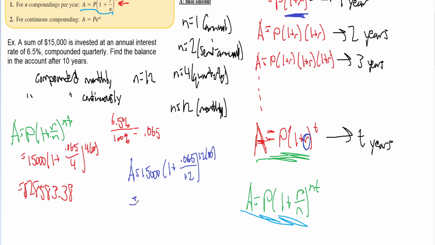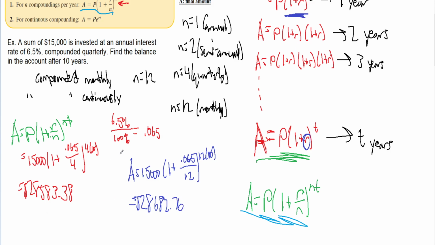And once we do that, we end up with an amount of $28,682.76.